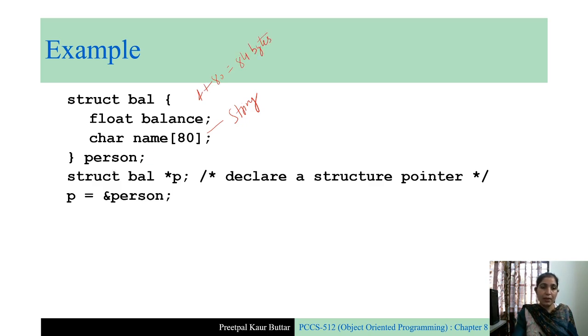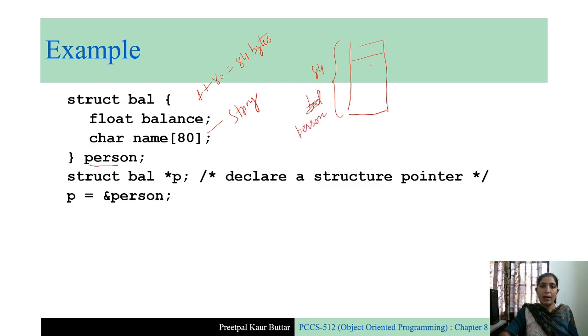And here we are creating a variable of this structure whose name is person. With this, memory equal to 84 bytes will be allocated to this structure, and we can access this memory using the name person.